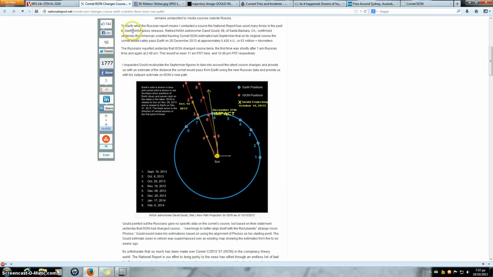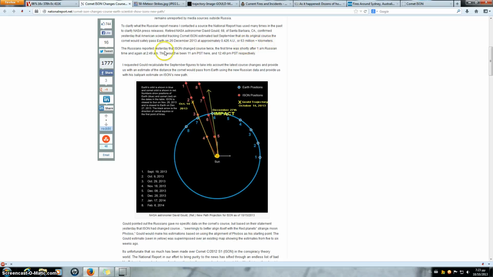To clarify what the Russian report means, I contacted a source the National Report has used many times in the past to clarify NASA press releases. Retired NASA astronomer David Gould, 68, of Santa Barbara, California, confirmed yesterday that the American scientists tracking comet ISON estimated last September that on its original course, the comet would safely pass Earth on the 26th of December 2013 at approximately 0.426 AU, or 63 plus million kilometers.